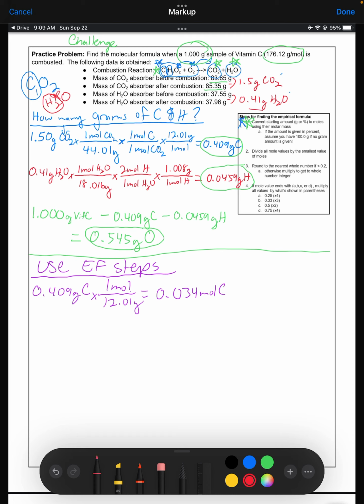I'm going to take my grams of hydrogen, 0.0459 grams of hydrogen, convert that to moles, and I get 0.0455.